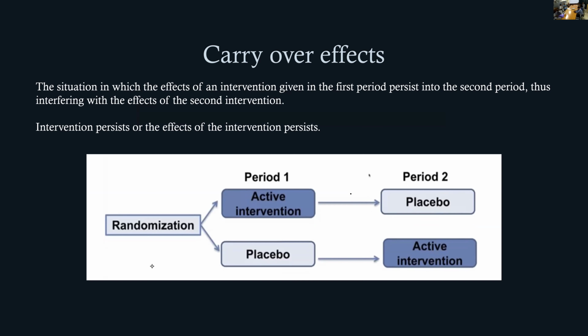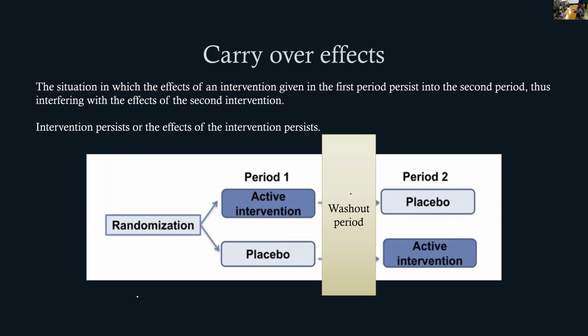So you expect positive outcome with the active intervention, but placebo is an inert substance. But suppose if this intervention action persists in the second period, the placebo also will show some effect. So the overall effect of this will come down. But in this arm, placebo is inert, will not show effect, but this will show effect. So this bias is the carryover effect, the effect of one going to the other side.